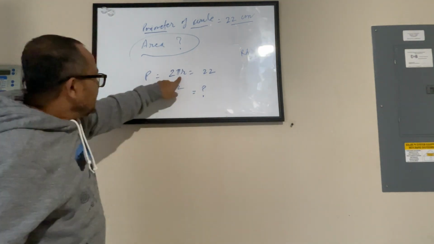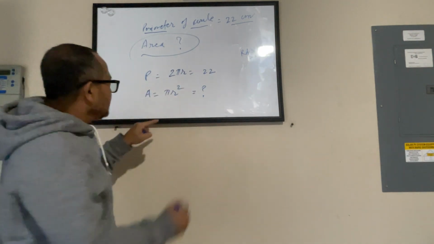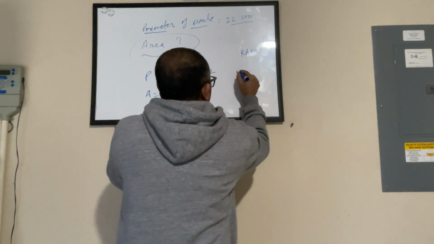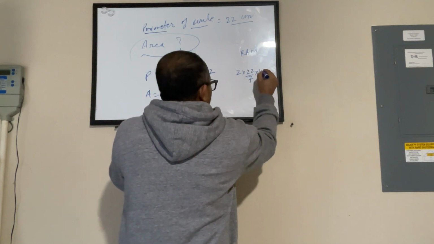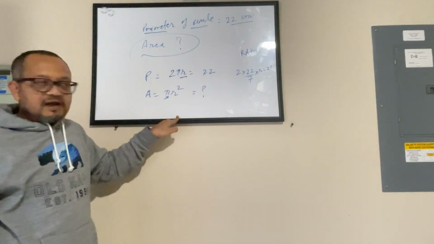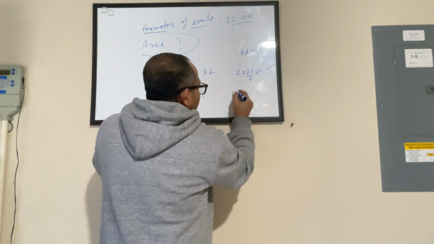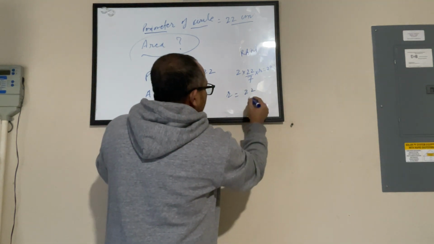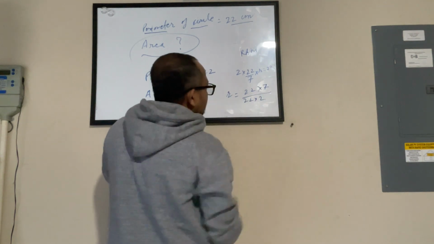Now, let's find out the value of r, because I know the value of pi. I'll just substitute the value: 2 times 22 by 7 times r equals 22. This is what I was given. I just put the value in the formula, nothing more. So my value of r comes as 22 into 7 divided by 22 into 2.